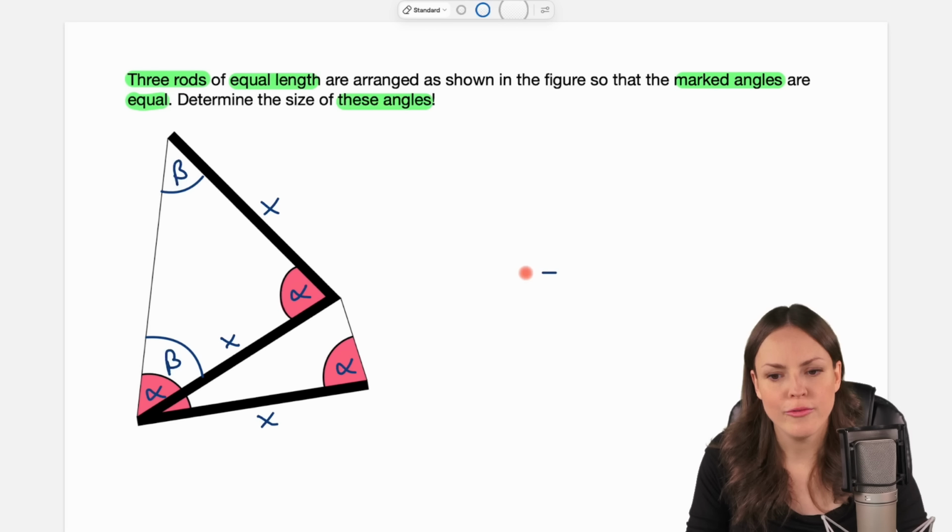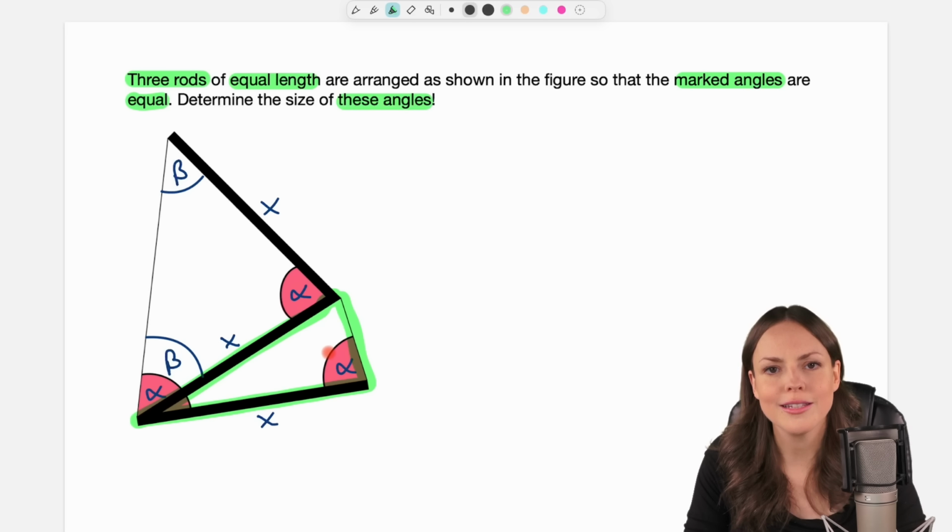Okay, so we found something out about this triangle. What about this triangle down here? Well, this is also an isosceles triangle because this side has the same length as this side, which tells me that these angles down here, so this angle here and this angle here, have to have the same size.